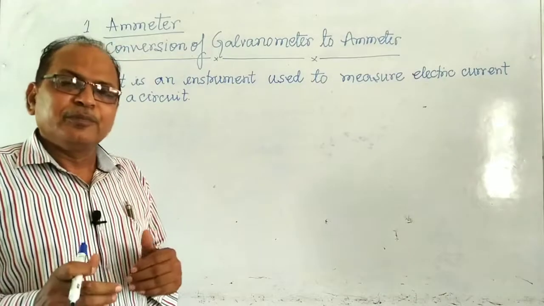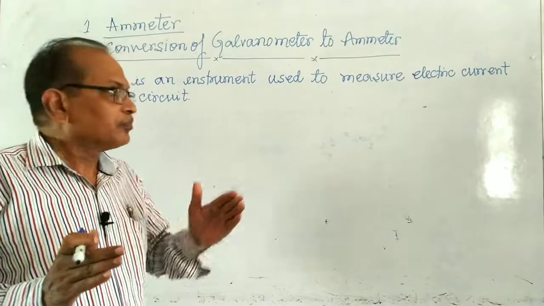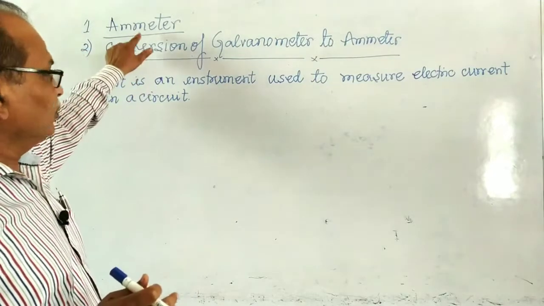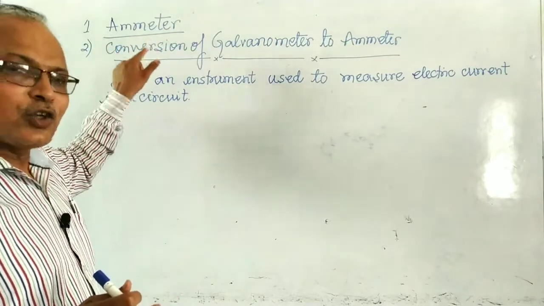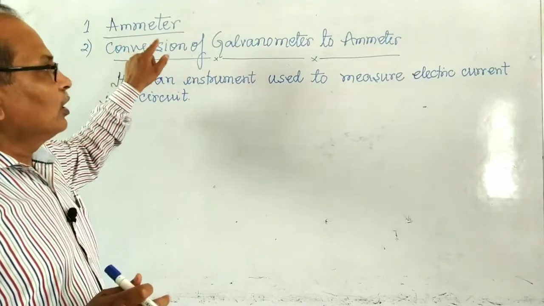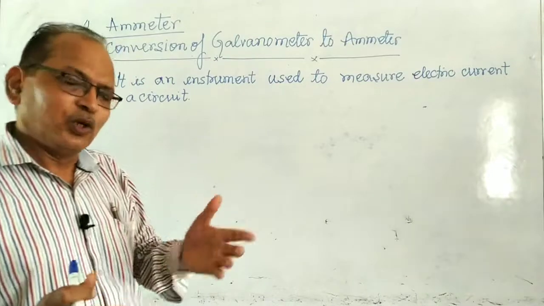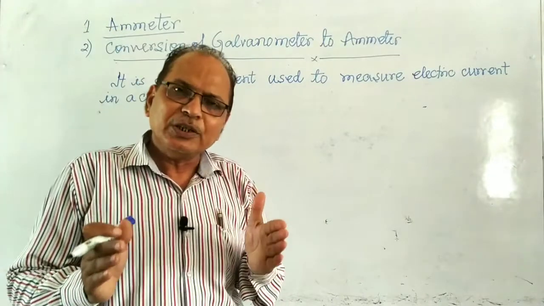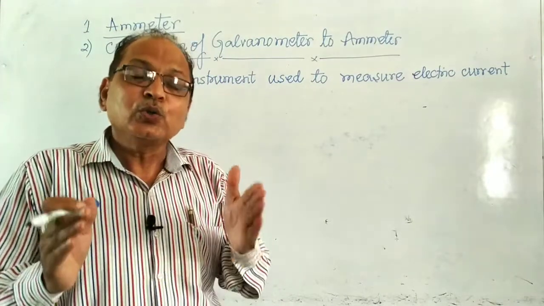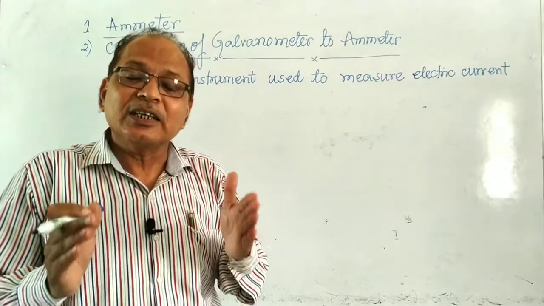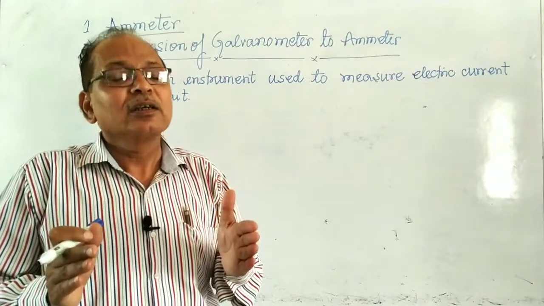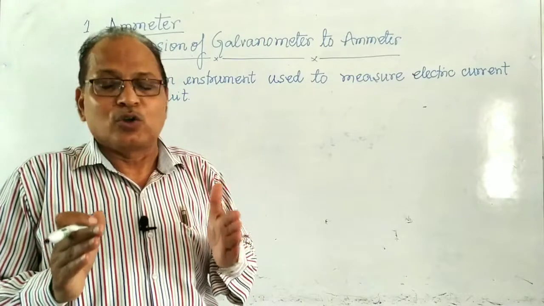After the galvanometer, now come to the ammeter. We will study the ammeter and later how a galvanometer can be converted into an ammeter, because basically a galvanometer is used to detect the presence of current in the circuit, whether the current is present or not.